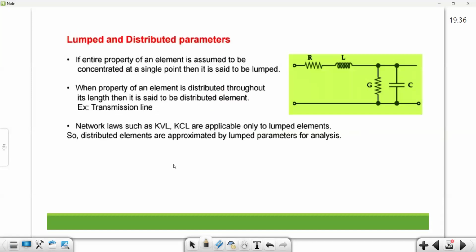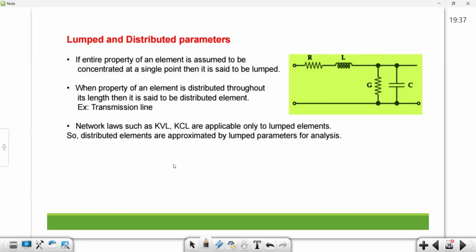And what is lumped and distributed? Lumped and distributed means whatever physical components you have seen, resistor, capacitor, inductor, right? All these physical components are lumped parameters, lumped elements.